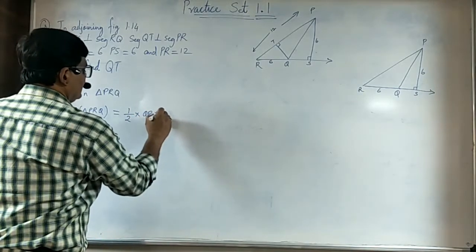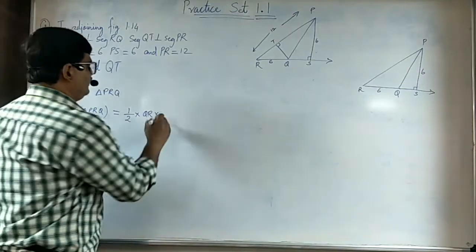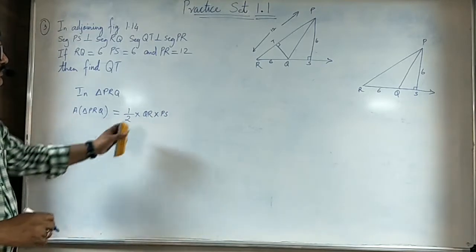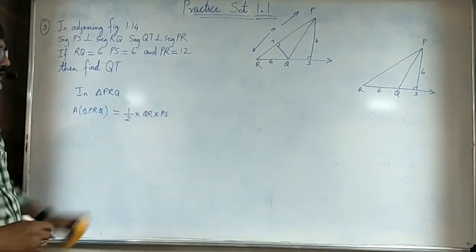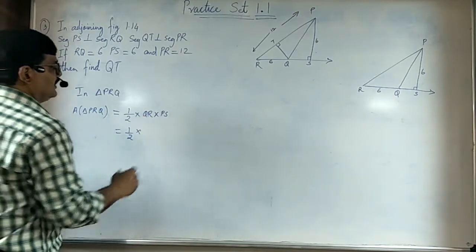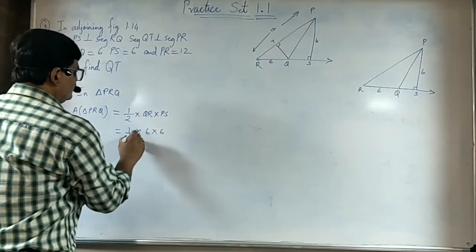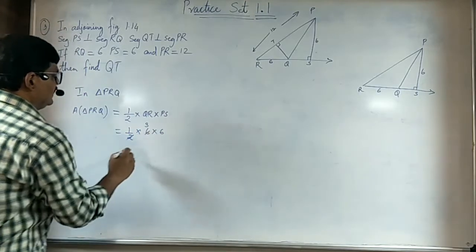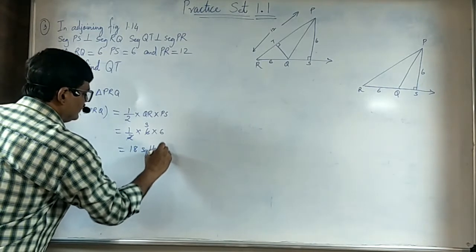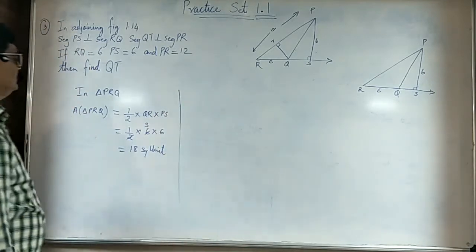Here QR is the base and the height is PS. So the area of triangle PRQ is half into base into height. Half into QR, which is 6, and PS, which is also 6. 2 1s are 2, 2 3s are 6, 3 6s are 18. So you will get 18 square units. That is the area of triangle PRQ.